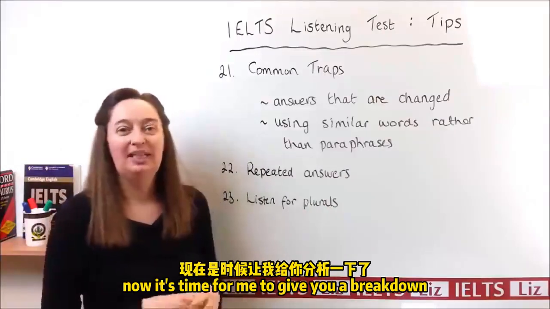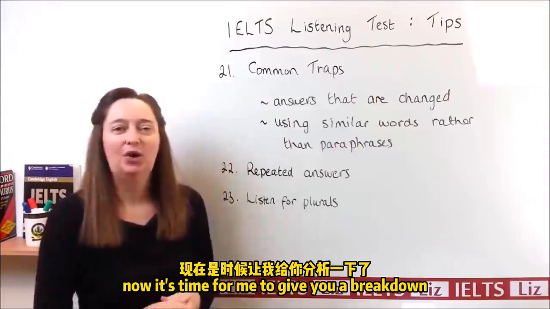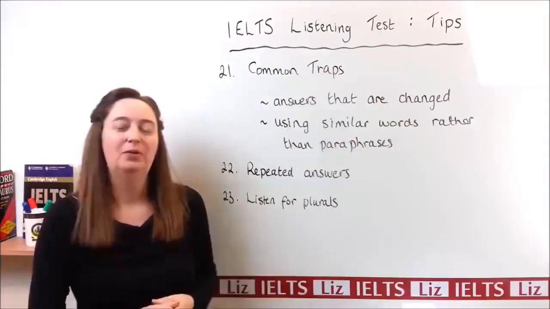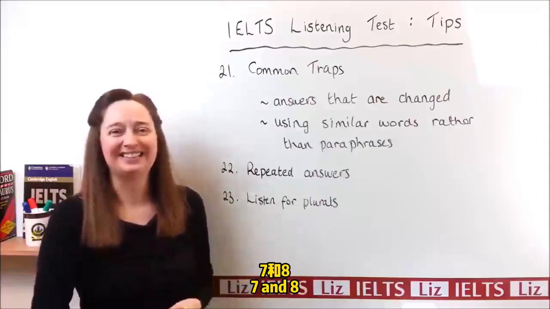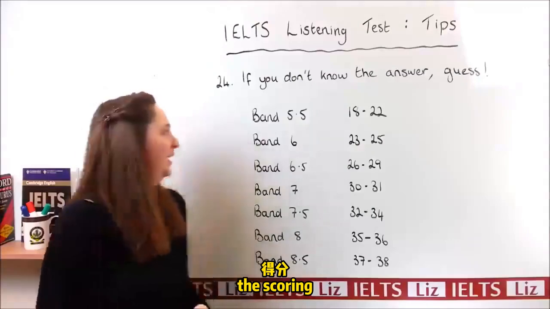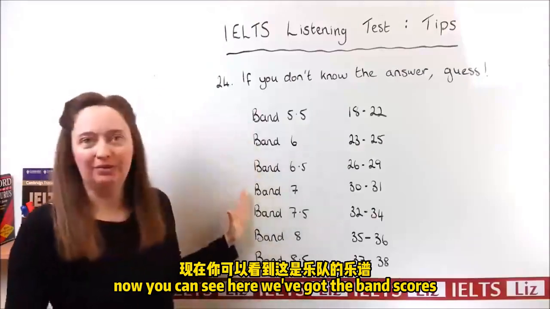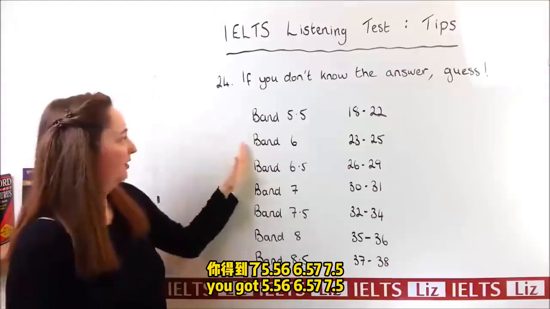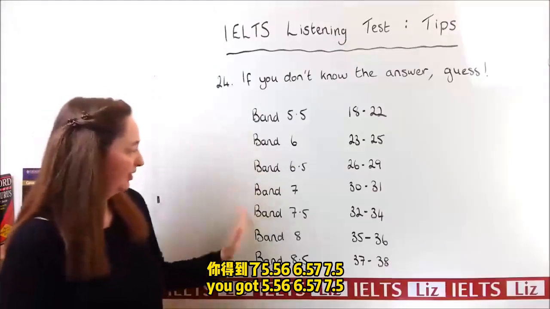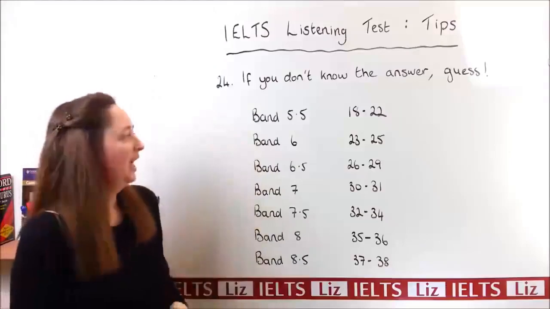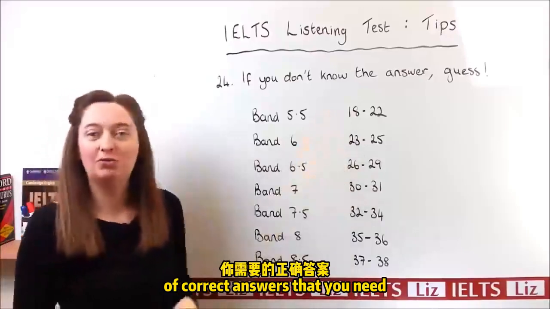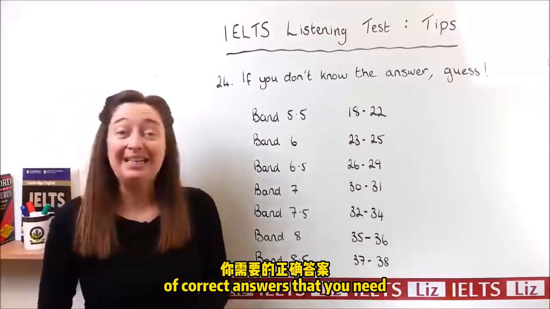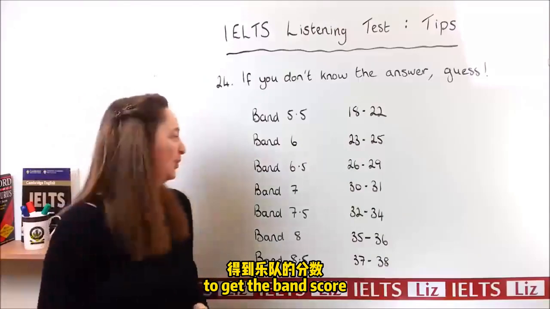Now it's time for me to give you a breakdown of the scoring, and I will give you the scores for band score 5, 6, 7 and 8. The scoring. Now you can see here we've got the band scores. You've got 5.5, 6, 6.5, 7, 7.5. And you can see here, these are the number of correct answers that you need to get the band score.